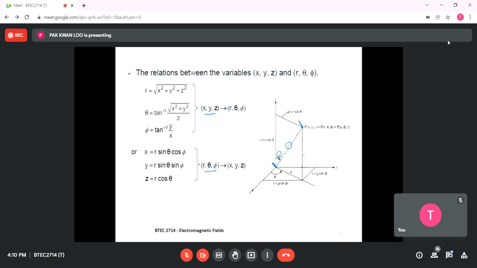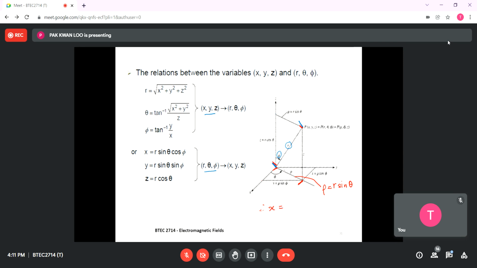Then the projection of this length onto the xy plane. So this length here now is rho, which is r sine theta. And again, I will project rho onto the x-axis.